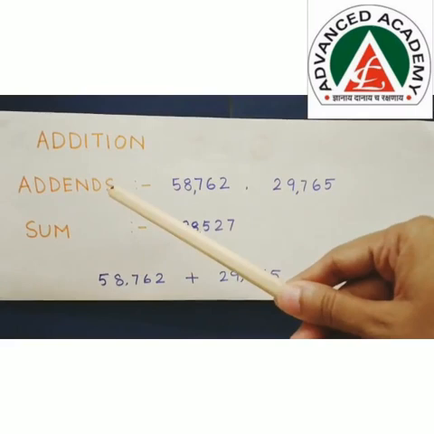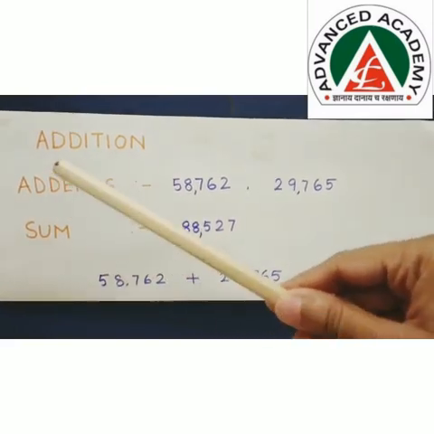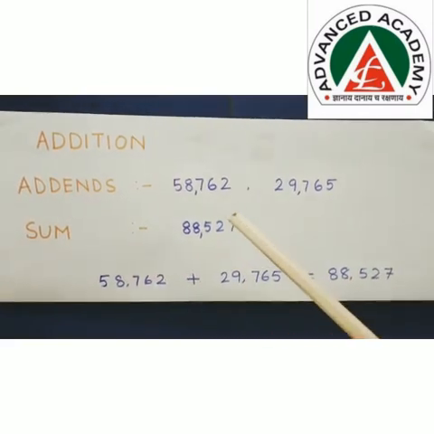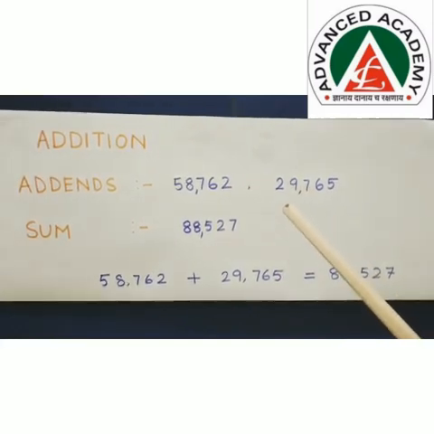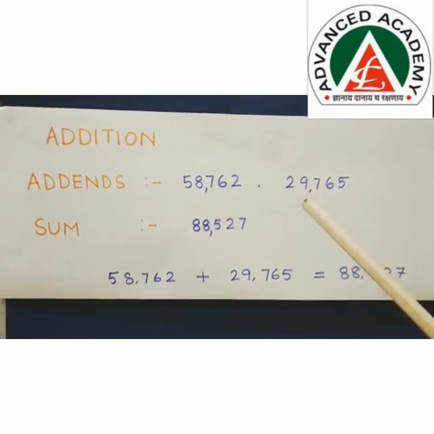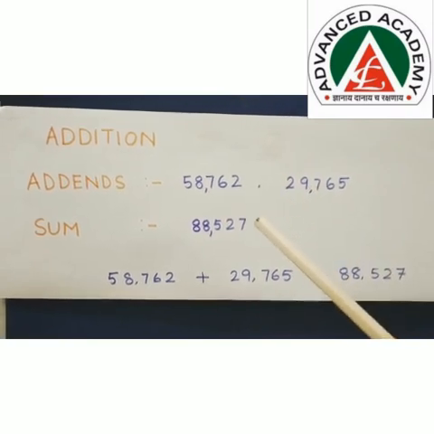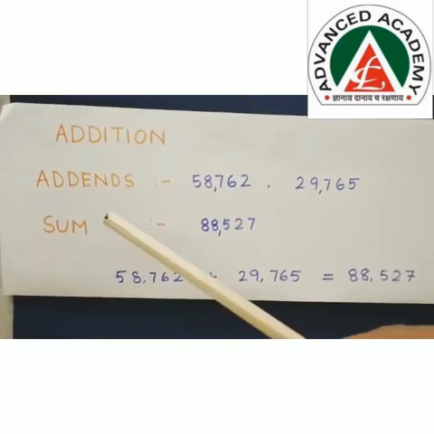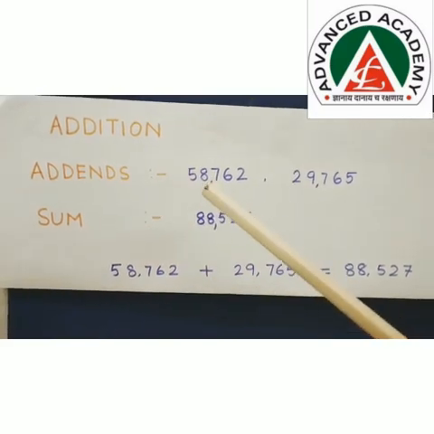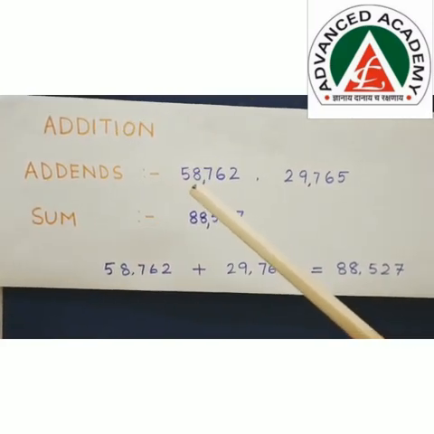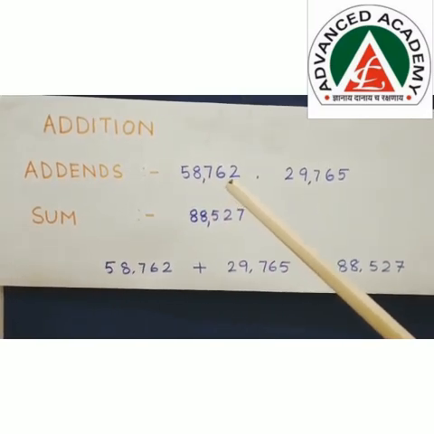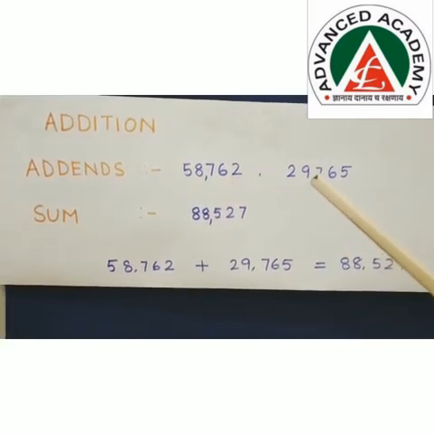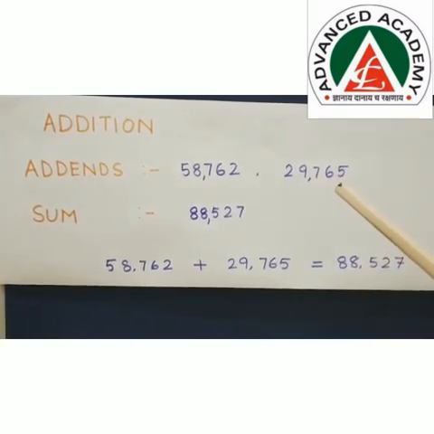Addend, sum. Addends are those numbers which we are supposed to add. When we add, we get an answer. That is called sum. Over here, I have taken an example of 58,762 and 29,765.